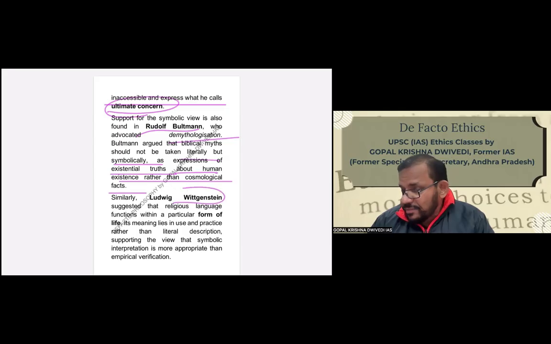Similarly, Wittgenstein has come up with the language game theory. Religious language functions within a particular form of life. Its meaning lies in its use and practice rather than literal descriptions, supporting the view that symbolic interpretation is more appropriate than empirical verification.